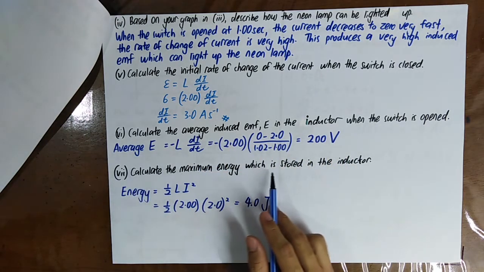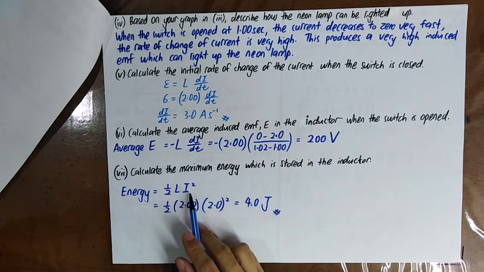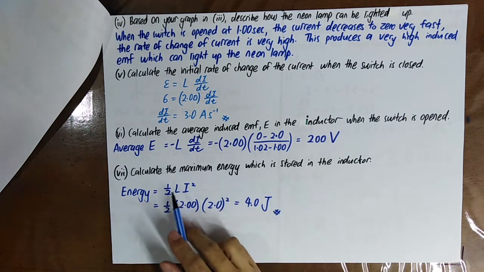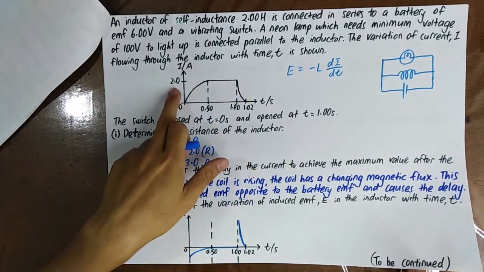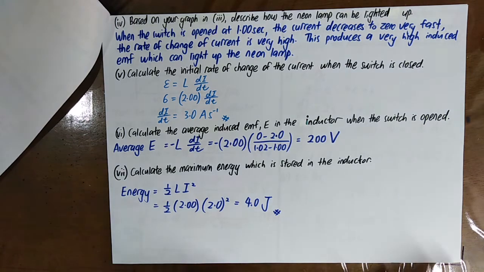Calculate the maximum energy which is stored inside the inductor. You know that the energy is half L I squared. So if you want the energy to be maximum, then you have to make sure the I is maximum. So the maximum current is 2 ampere. Then you can get the maximum energy.